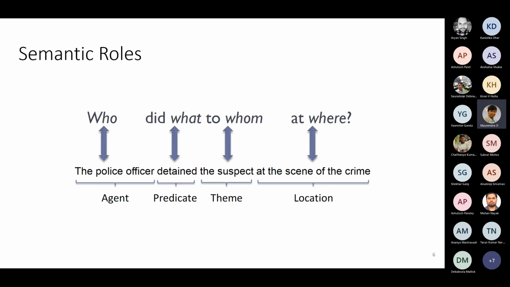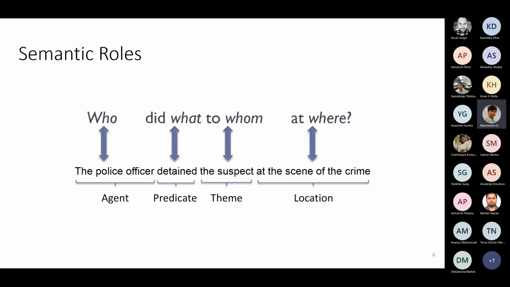So who detained? The police officer detained. Then if we again ask, whom did the police officer detain? The answer is the suspect. So it becomes the theme. Then if we again ask the question where, we get the answer, the location: at the scene of the crime.